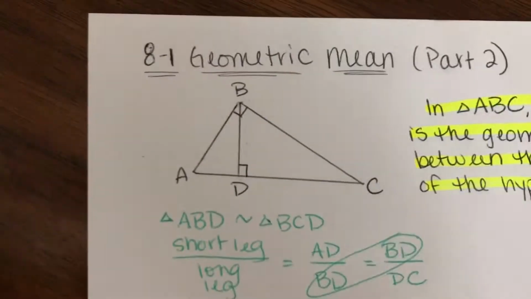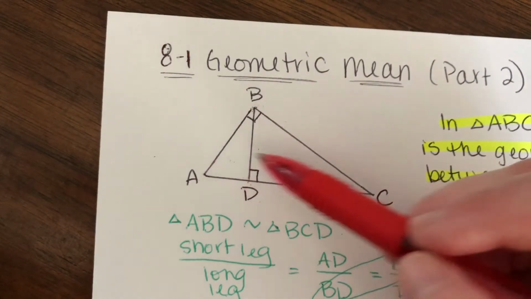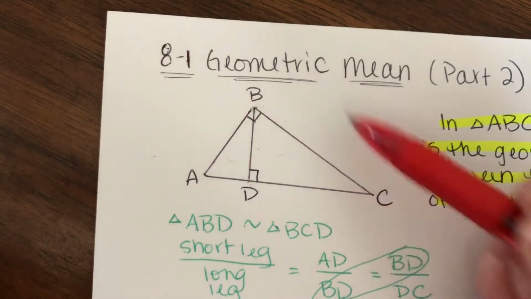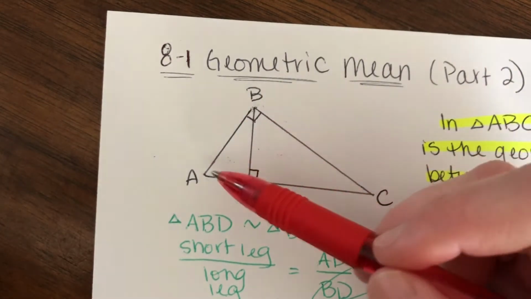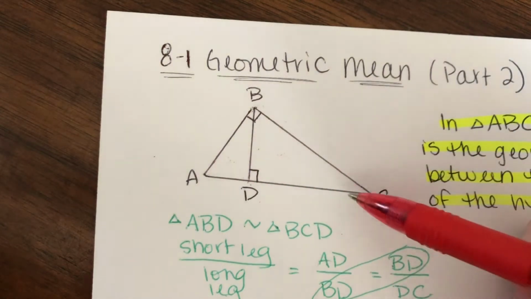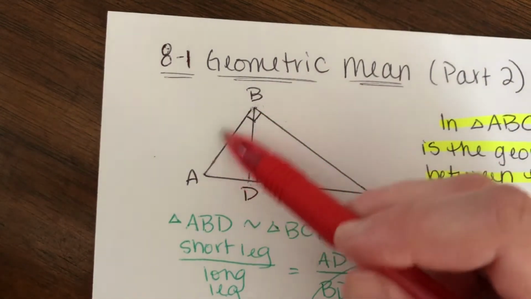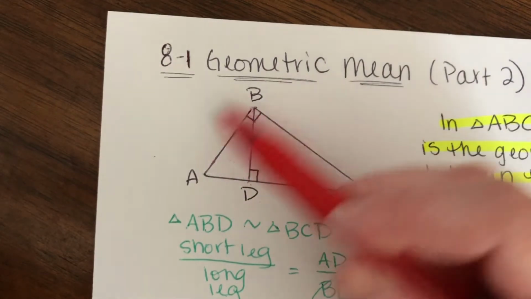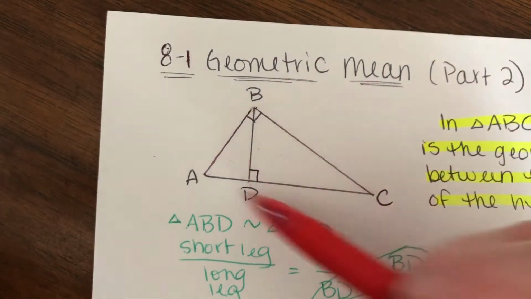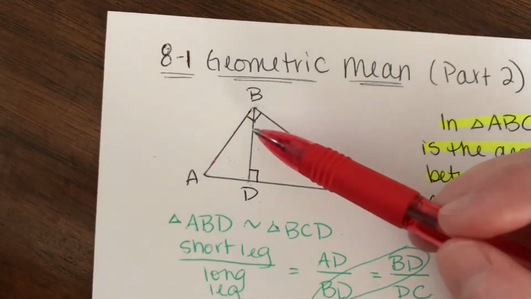The important part is that you understand that once we add this altitude here and we've created two smaller similar right triangles to this one big right triangle, now every single line segment has a double use. Again, AB is the hypotenuse of this little guy and it's the short leg of the whole big thing. BC is the long leg of the whole big triangle, and it's the hypotenuse of this little guy.